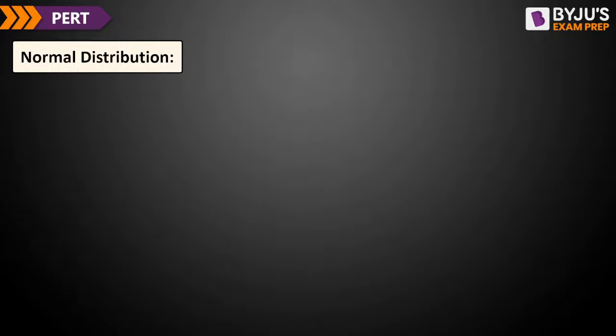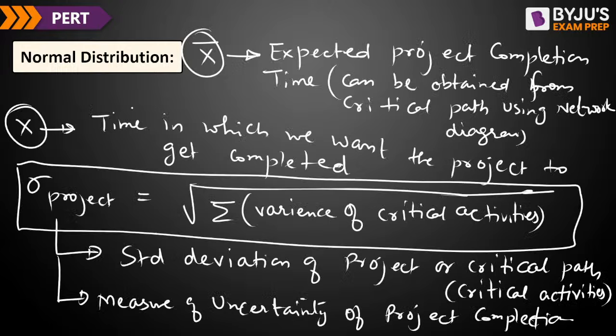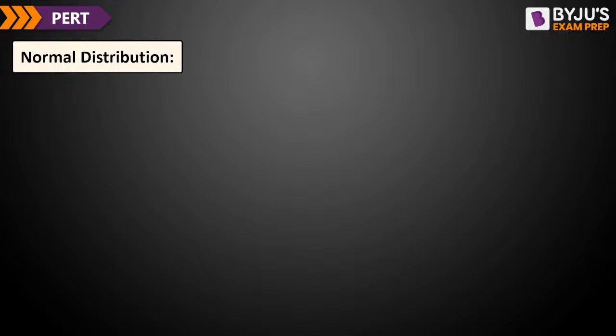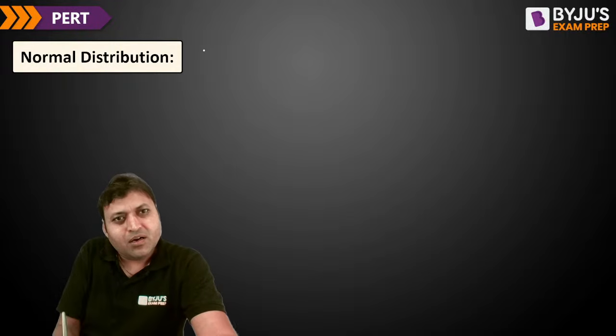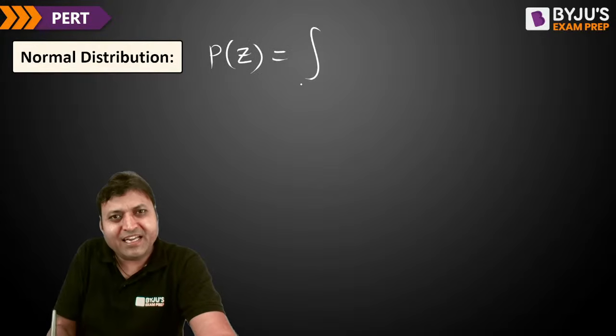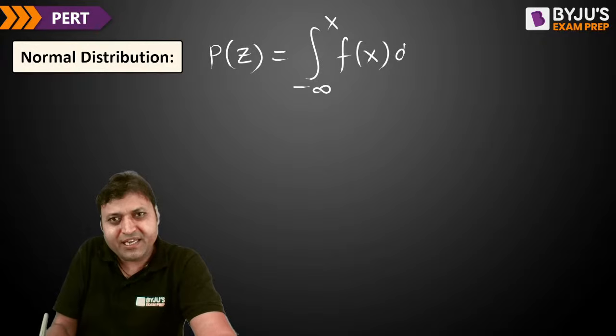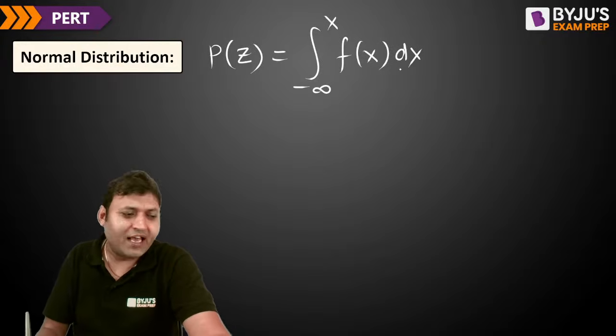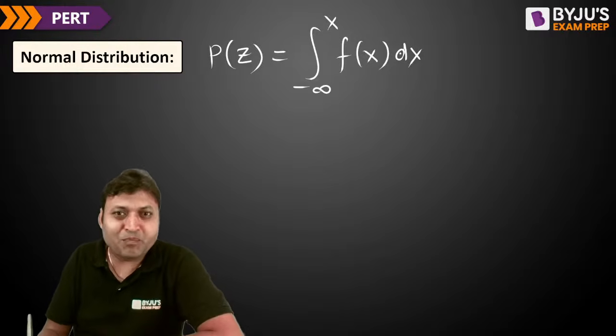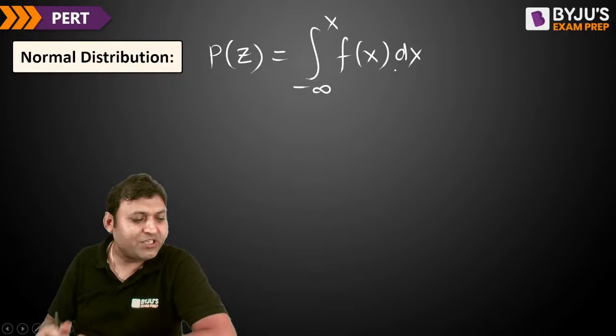Is this clear? Now, after this, we find out P(Z), that is the integration from minus infinity to x of f(x) dx. That is called the probability of completion of the project.